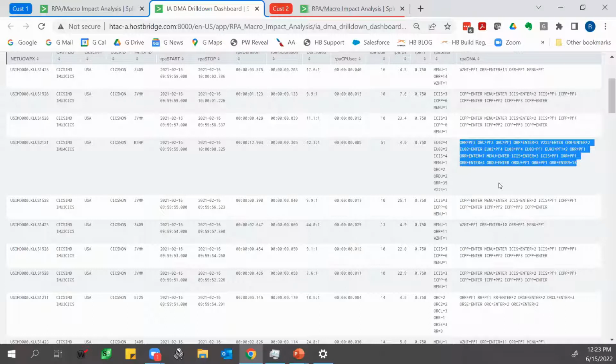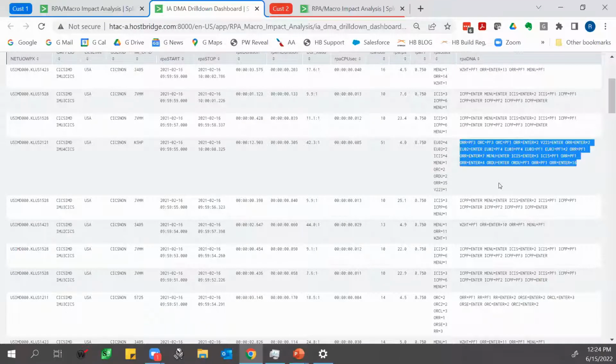Now, we call this the DNA of the RPA, or of this robotic activity going against CICS. Once we have created and essentially extracted the DNA of this activity, we give it a signature. And a signature is simply, algorithmically, an MD5 of certain factors related to this.